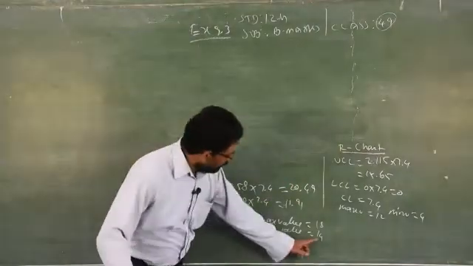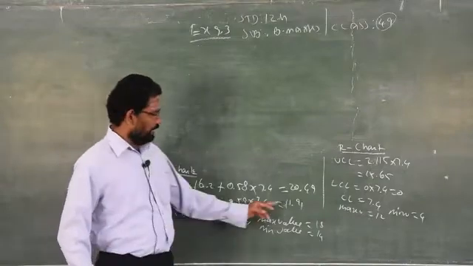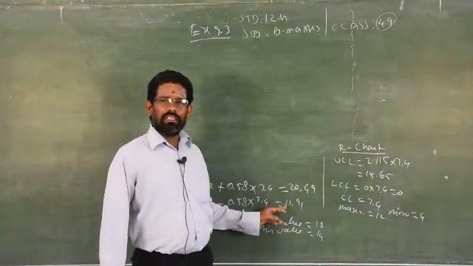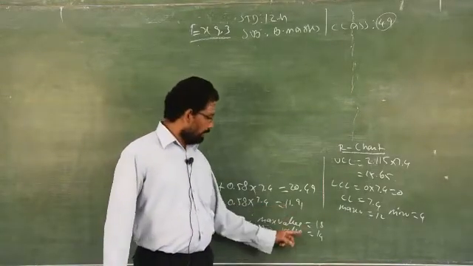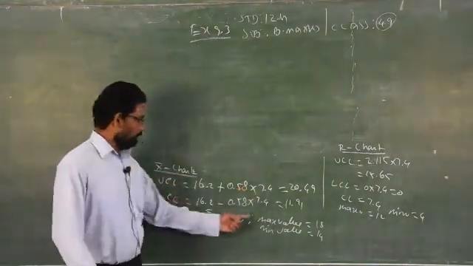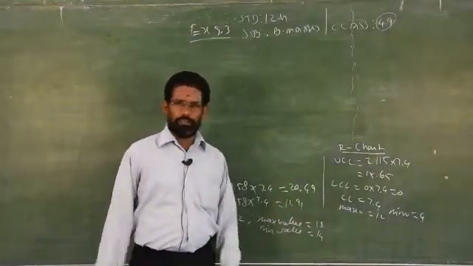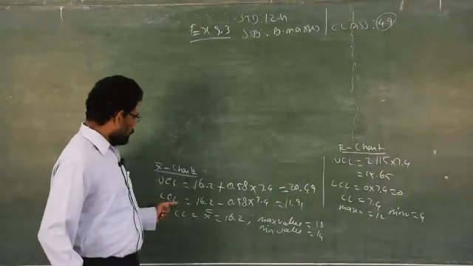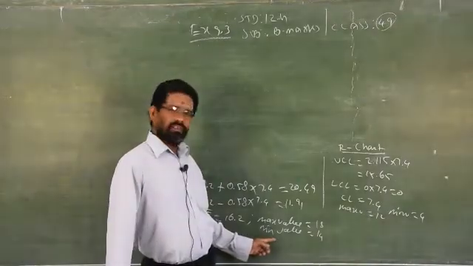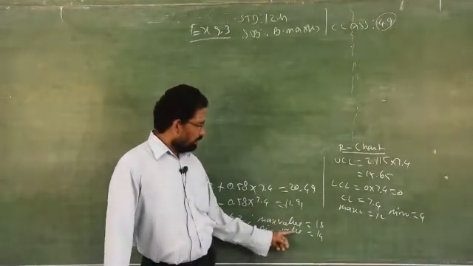Then you can see the minimum value 14. What is the LCL? 11. You compare the upper control limit to the maximum value, which should be less than the upper control limit. When you compare the lower control limit with the minimum value, this should be more than the lower limit.